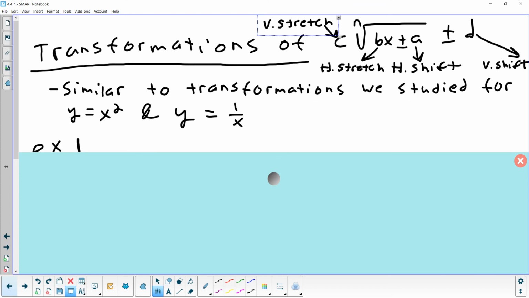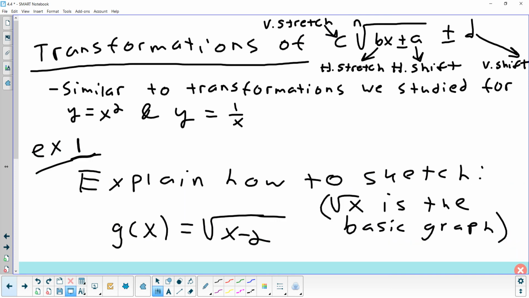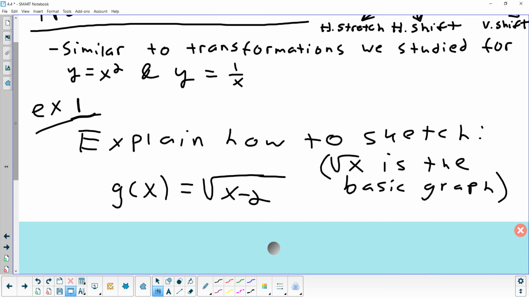So I said here that it's similar to transformations we've studied in the past, and you're going to learn when we start trig, it's similar to trig transformations as well. We have a few different names we use, but the idea is exactly the same, adding and multiplying, whether it shifts or stretches. So what I want to do in this one is tell me how you would get g of x from what we call the basic graph, or sometimes they call it the parent function.